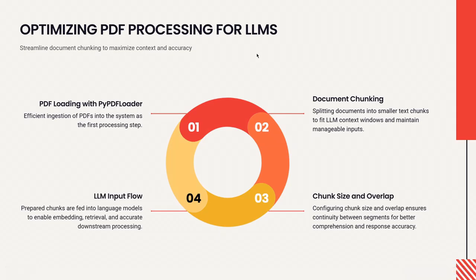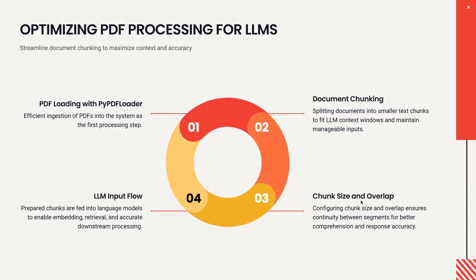We have a PDF that we need to process. The first part is we load the PDF into the system, and for efficient ingestion we use PyPDFLoader. This is the first step of processing. Then we chunk the document into smaller parts so that it fits into our LLM context windows, and we know that LLM contexts are smaller. Then we do a chunk overlap.